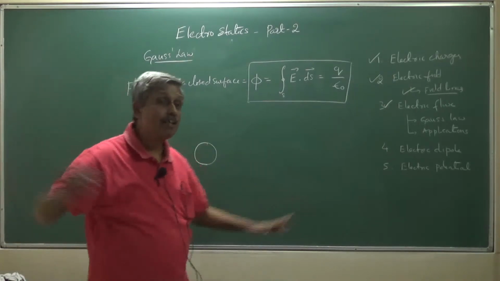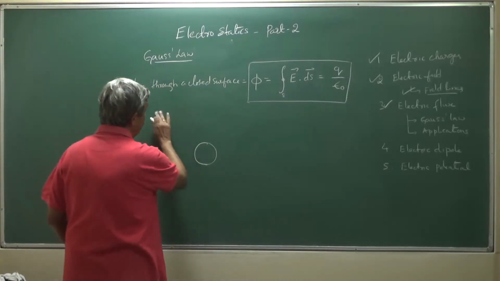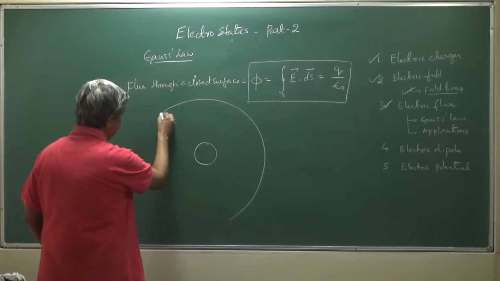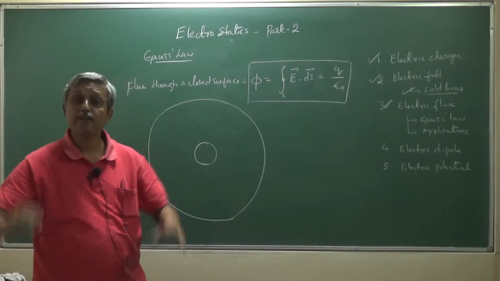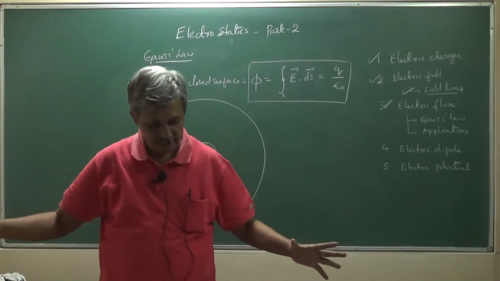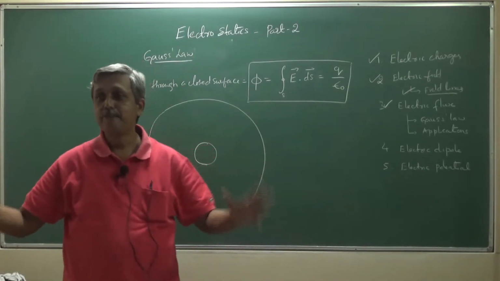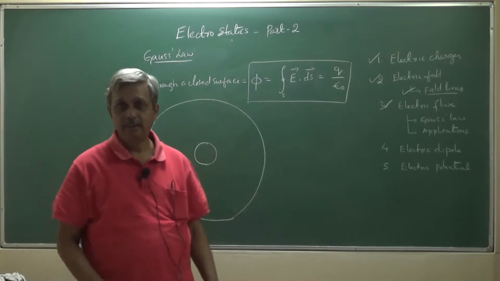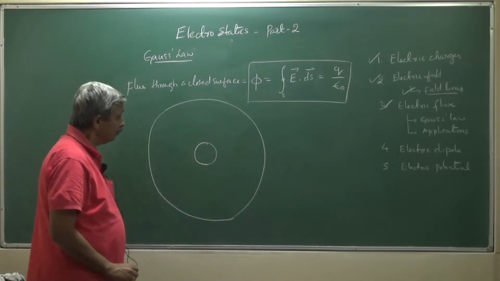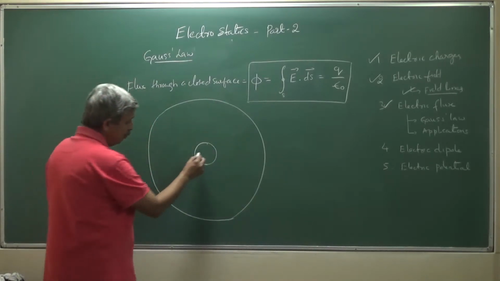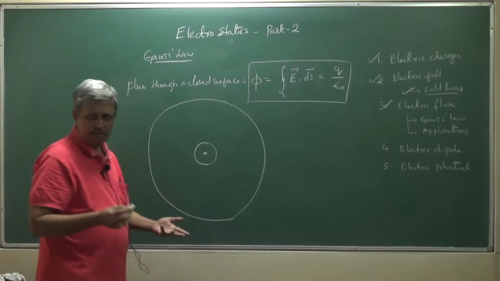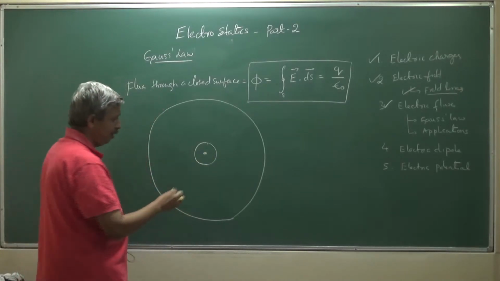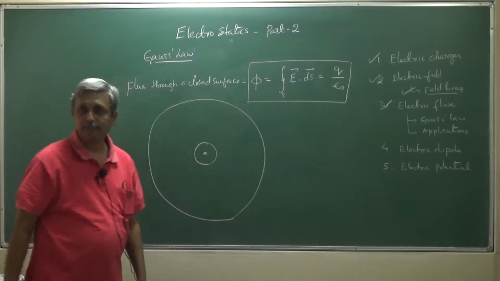It doesn't matter. For simplicity, I'll keep it in a spherical room. And what I will do is take a small bomb inside, like a Diwali bomb, and blast it.